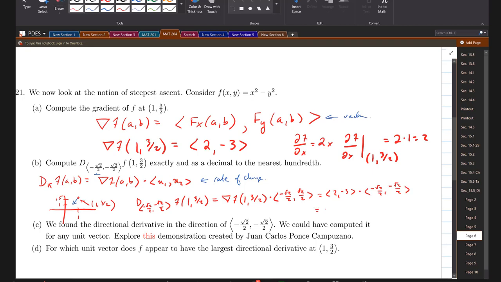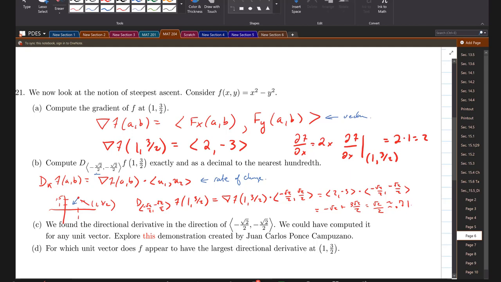When we clean this up, this gives us minus square root of 2 plus 3 radical 2 over 2. And if we add that together, we get the square root of 2 over 2. Double check the sign on that. Did I get that sign right? Yes. And a decimal approximation of that, if you plug it into a calculator, is about 0.71.